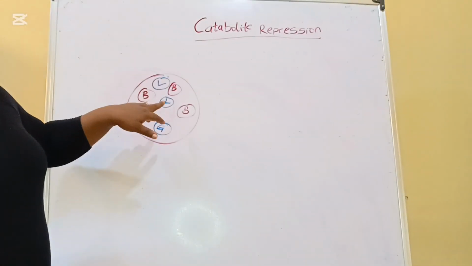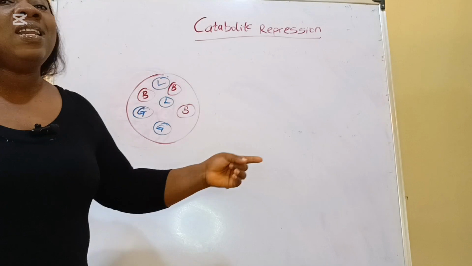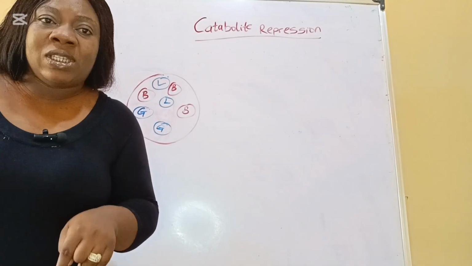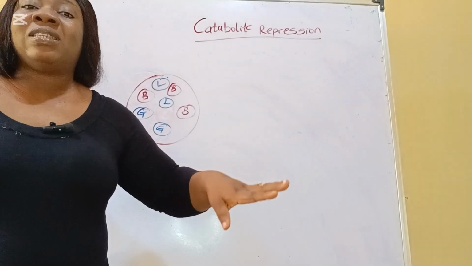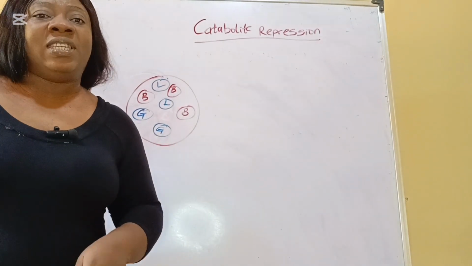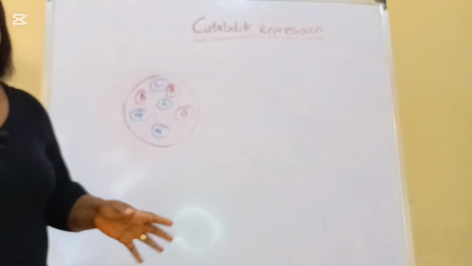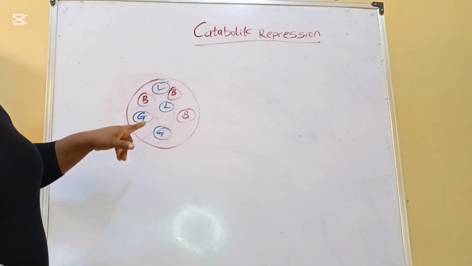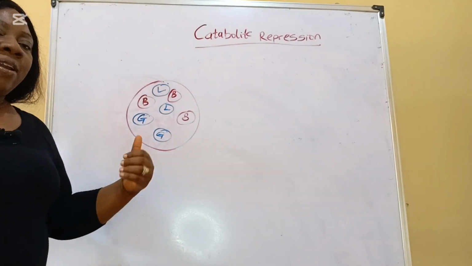But if it were lactose, lactose would still need to be broken down before they get the glucose and before they start working on glucose itself. So the most convenient one they can go for is the glucose that is there.